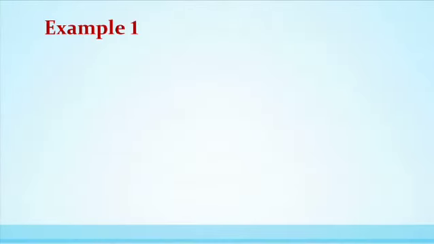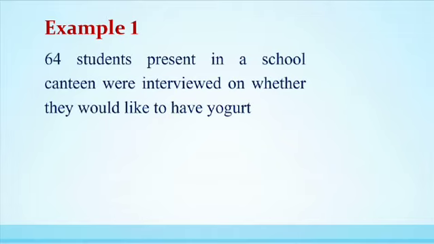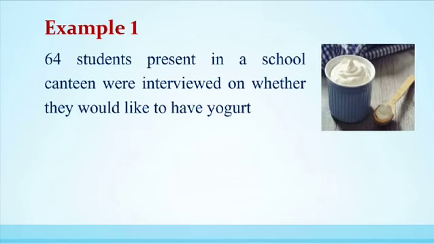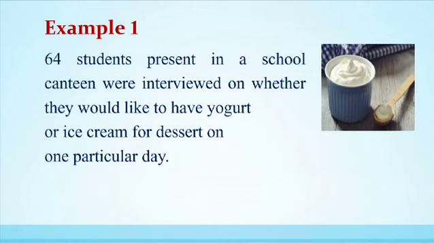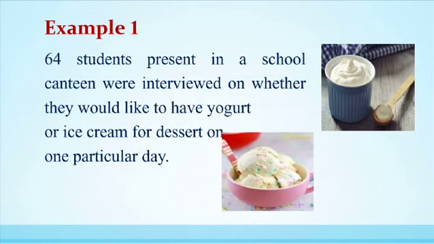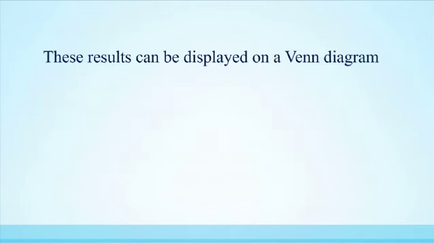Let's have a look at example 1. 64 students present in a school canteen were interviewed on whether they would like to have yogurt or ice cream for dessert on a particular day. These results can be displayed on a Venn diagram.